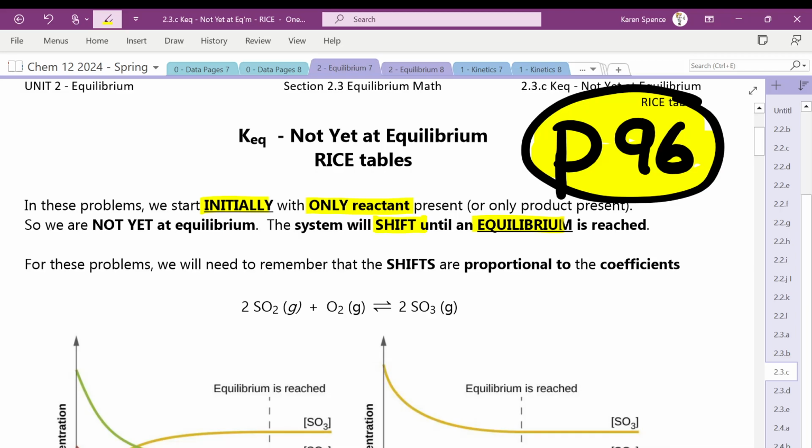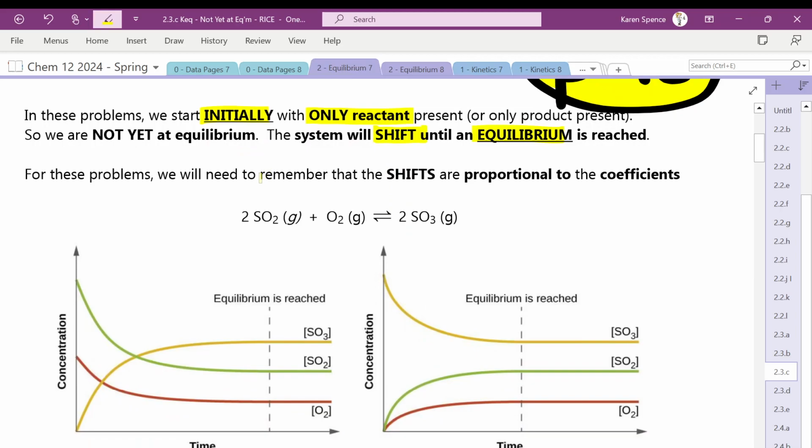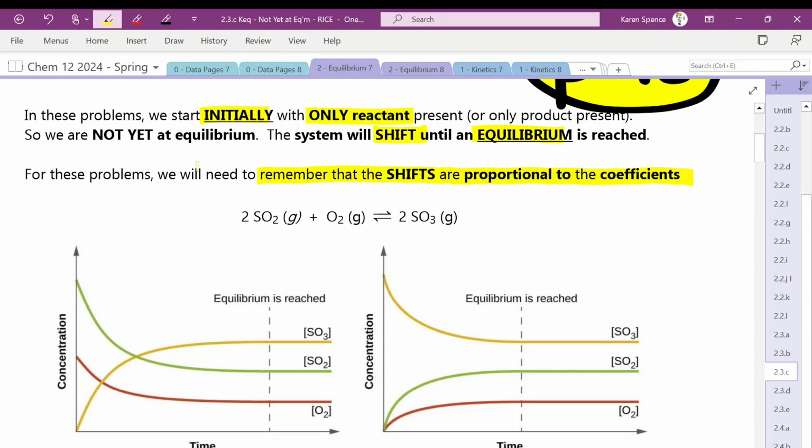Now, for these problems, we are going to remember that the shifts are proportional to the coefficients. You already know this because you have been labeling x and 2x on your concentration graphs, yes?